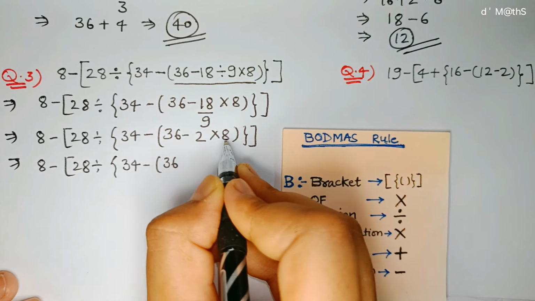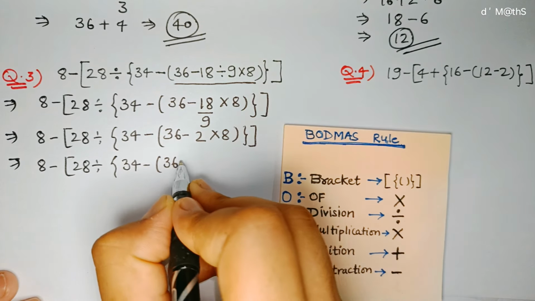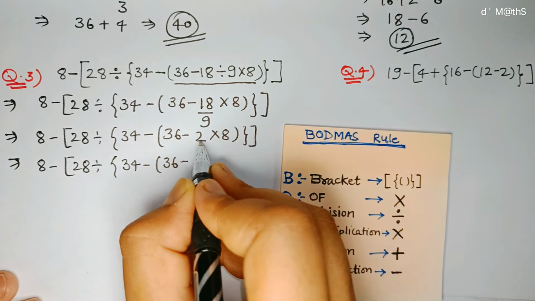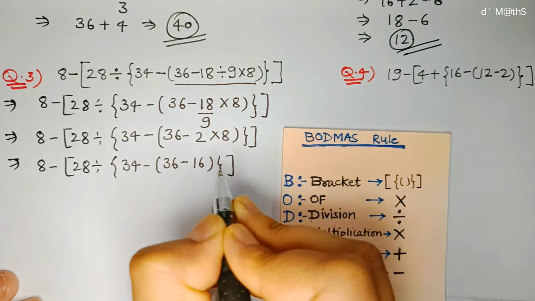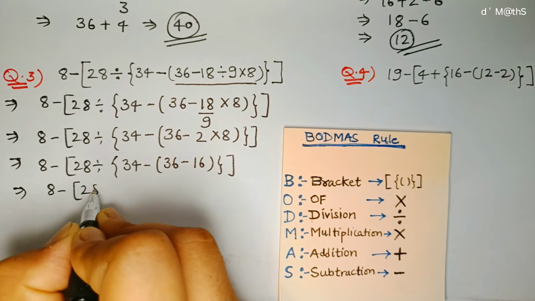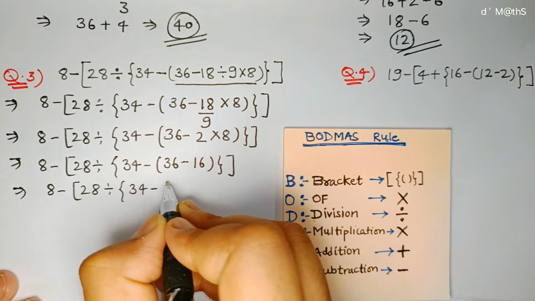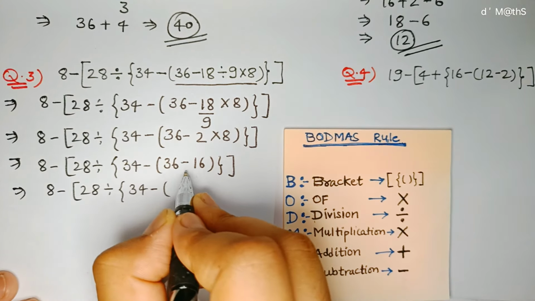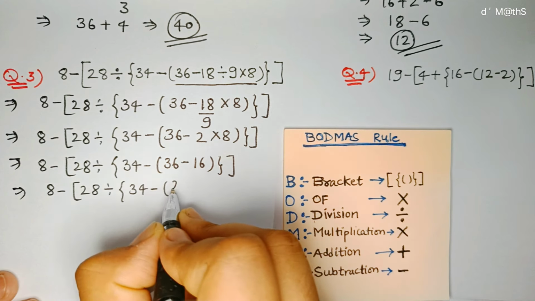So first you will do multiplication, then subtraction. So 8 into 2, 16. Then again 8 minus 28 division, curly bracket 34 minus, and here the bracket will end. So 36 minus 16, it will be 20.